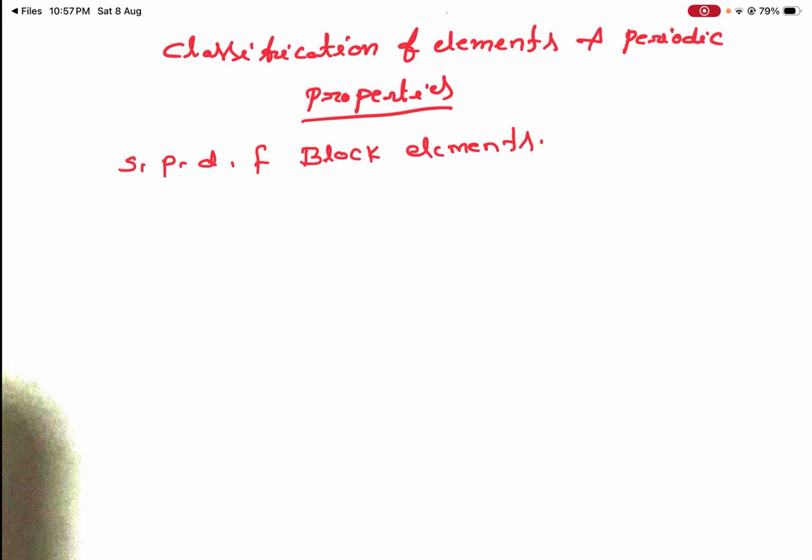Based on the differentiating electron, that means the last electron which enters into an atom is called the differentiating electron. Based on the subshell or orbital the differentiating electron enters, the elements in the periodic table are divided into 4 blocks. First one is S block elements.